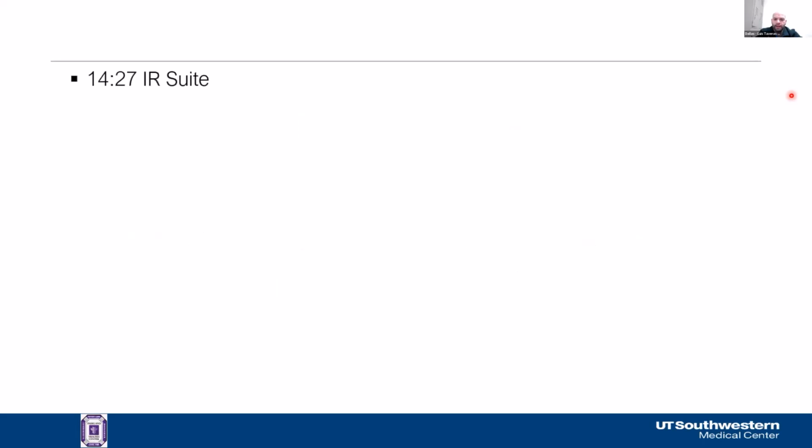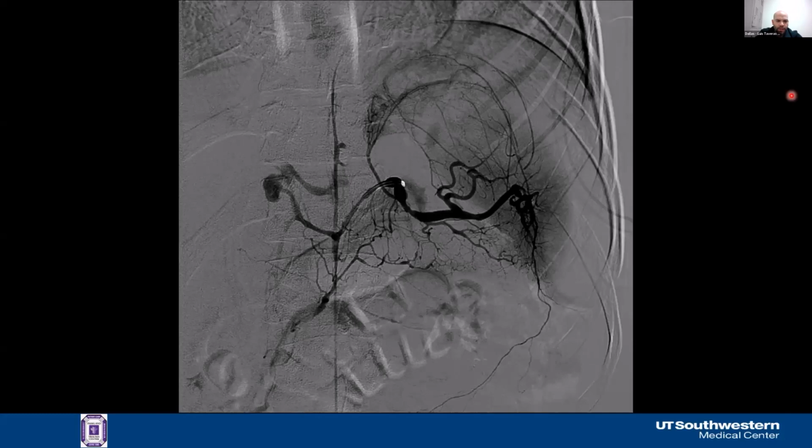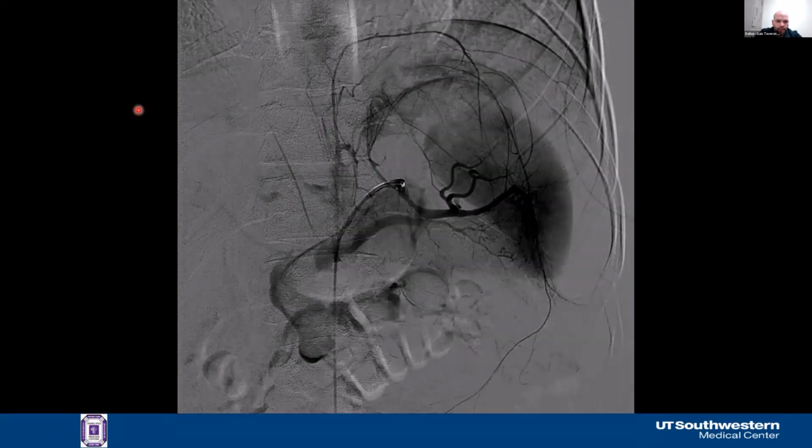Good. With that said, this patient ended up going to the interventional radiology suite about an hour and 20 minutes after presentation. I have a few of the images that were obtained from the radiology suite. We can see this mesenteric angiogram. The spleen looks fine. There are no issues with the celiac trunk, but we can start seeing some extravasation on the right side here, associated with the hepatic artery.